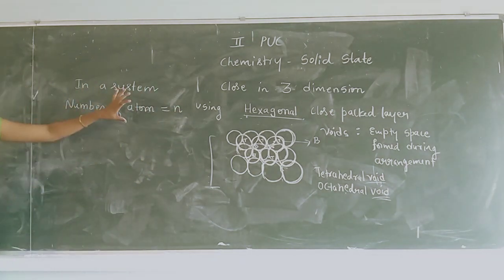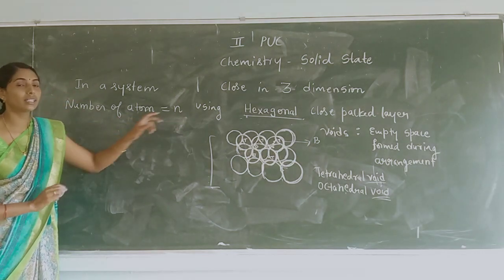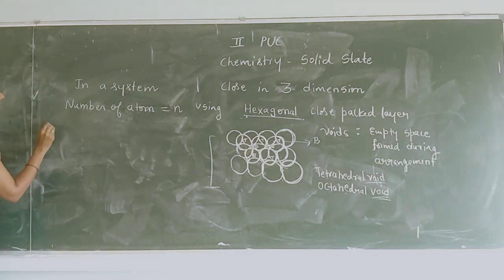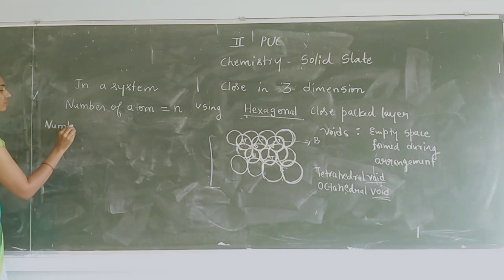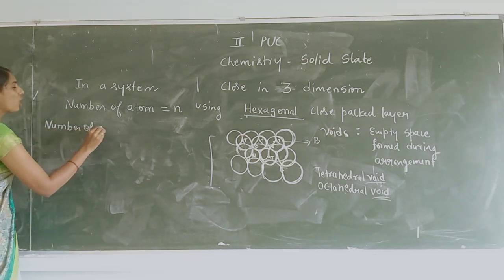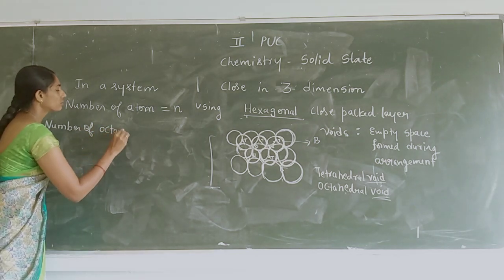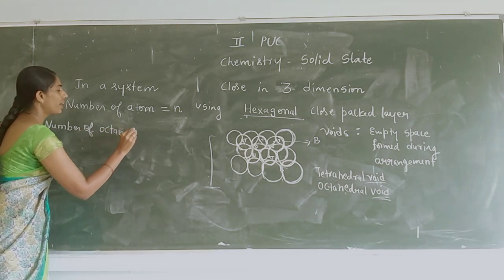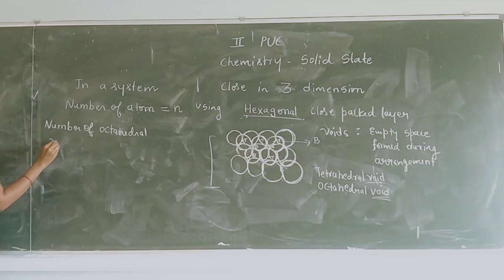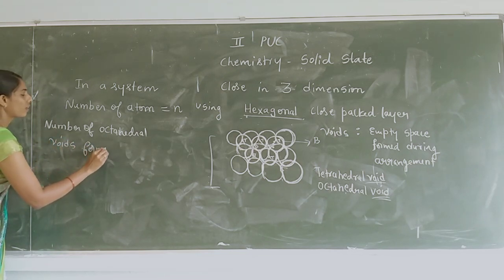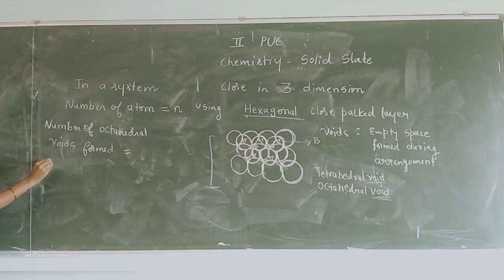In the solid structure, if the total number of atoms is n, then here the number of octahedral voids formed, and the number of tetrahedral voids formed.